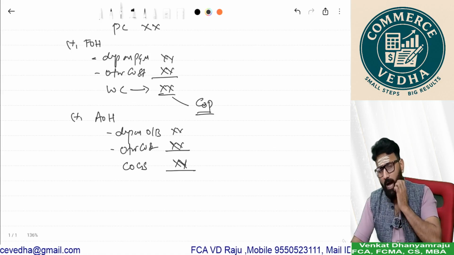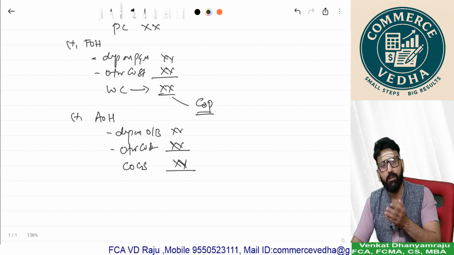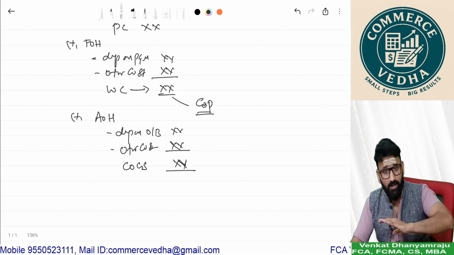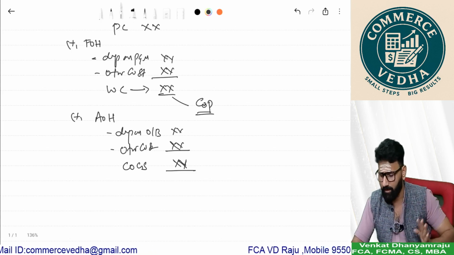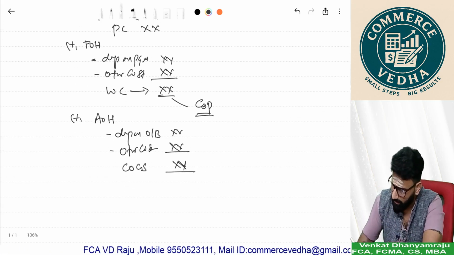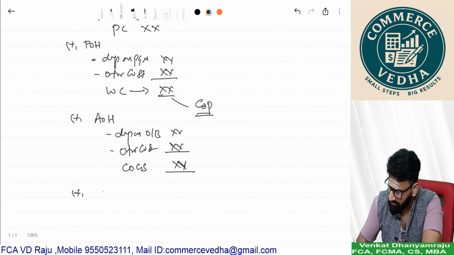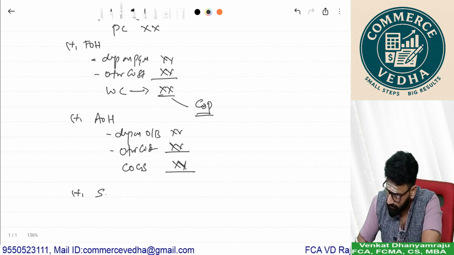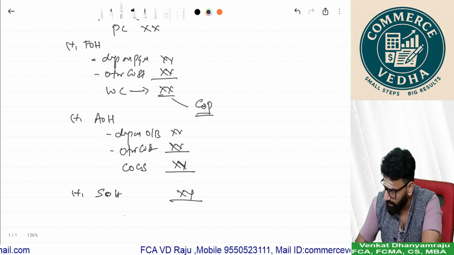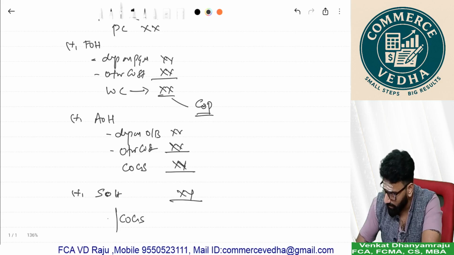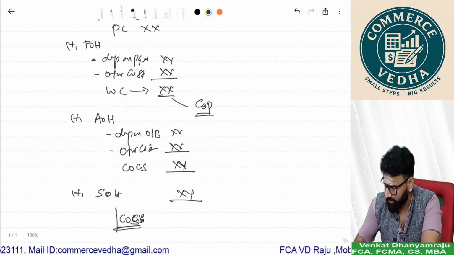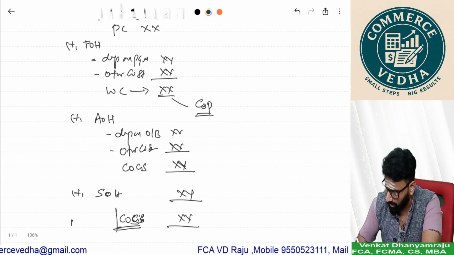And then after cost of production, we'll add or deduct closing finished goods, we'll get cost of goods sold. That entire cost sheet I'm not talking about here. I'm talking about total cost and cash cost. Then we'll add selling expense, selling overheads. We'll get cost of sales. This is nothing but total cost.